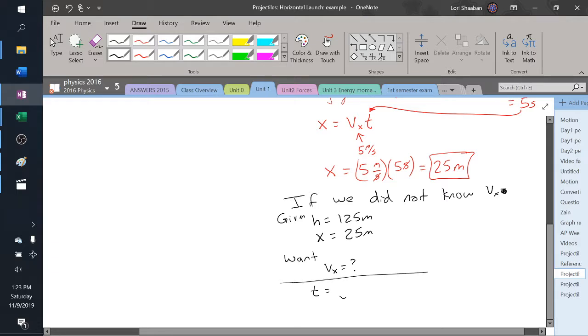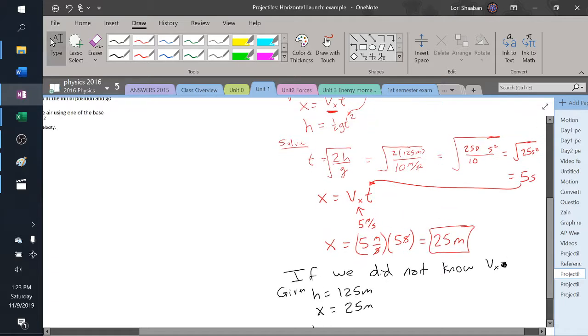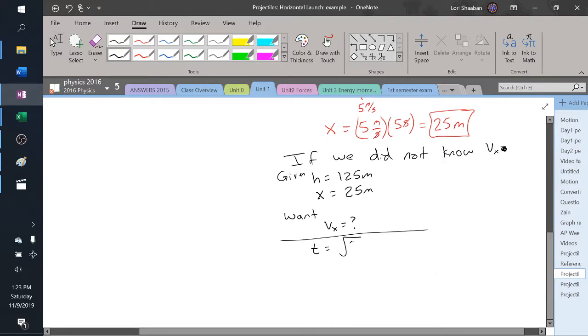Time is going to be equal to, and we can use this equation. This equation only works for horizontal launches. The square root of 2h over g. Since we have the same height drop, it's going to have the exact same value, so it's going to be 5 seconds.